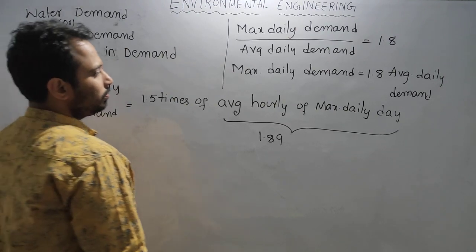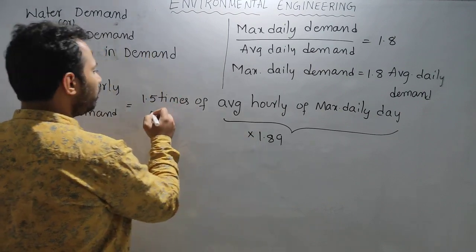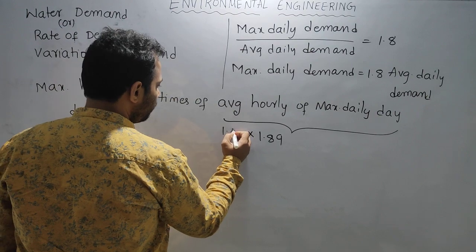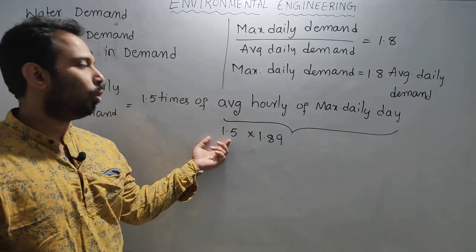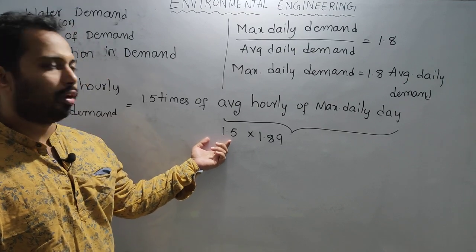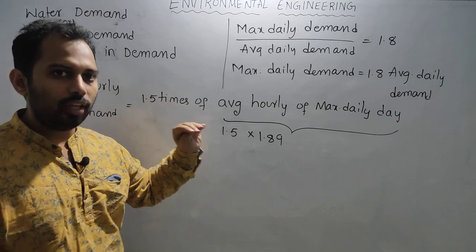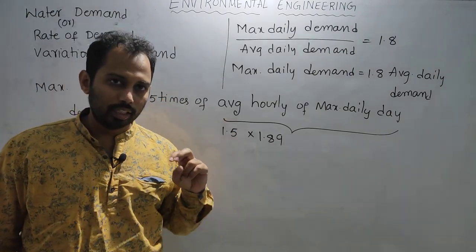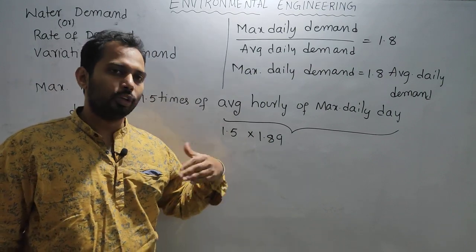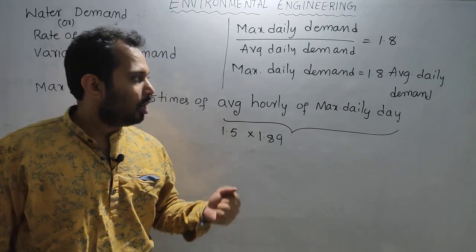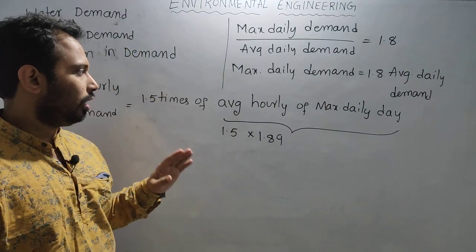Here, this 1.8 Q has an additional factor of safety of 1.5. I told you, in order to take care of the fire demand, because here fire will exist only for a few hours, you need to be cautious. You need to incorporate more factor of safety in order to take care of the fire demand also.